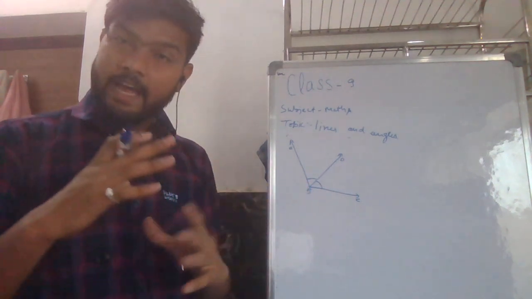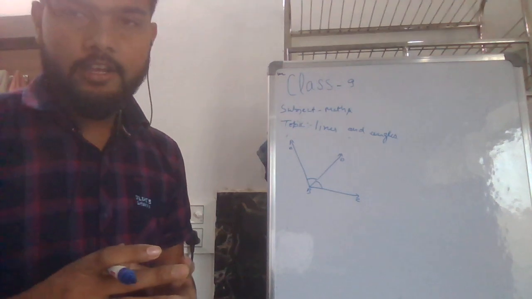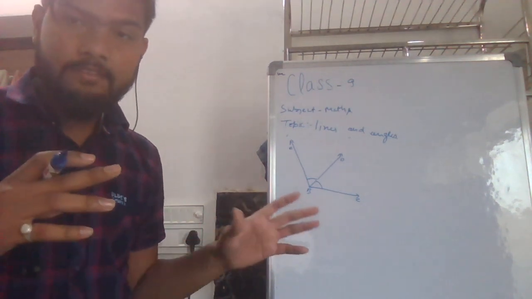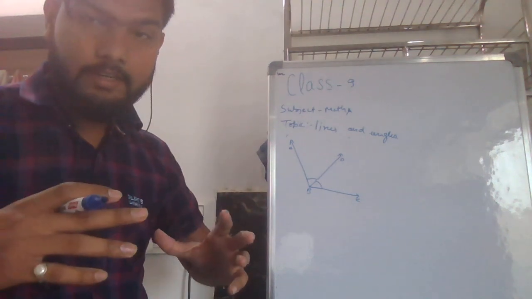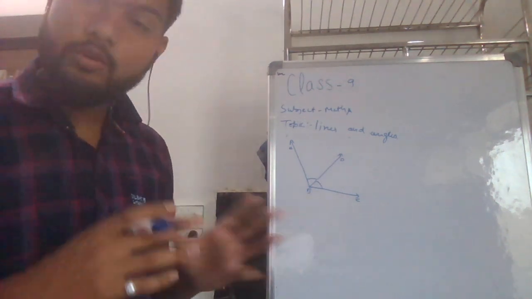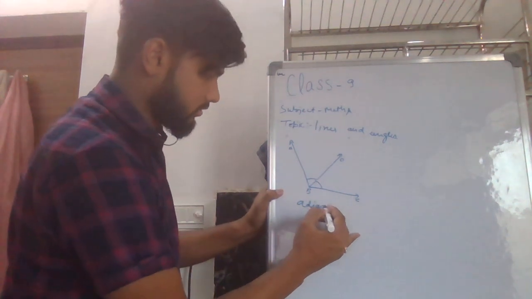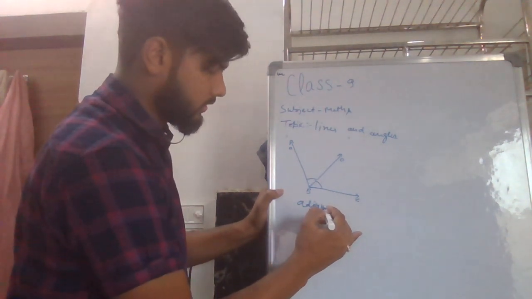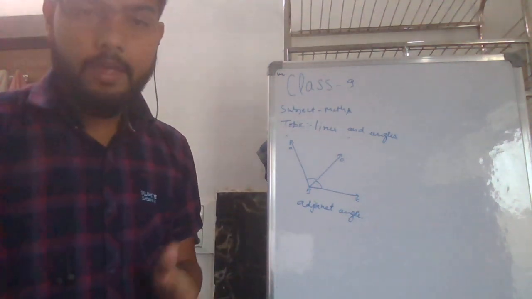If they have a common vertex, then they are called adjacent angles. So if they have a common vertex and a common arm, with the other sides different, it is called an adjacent angle. I hope everyone is clear.